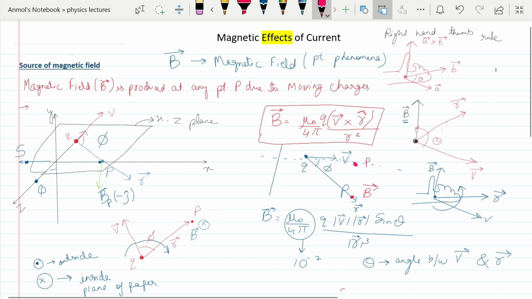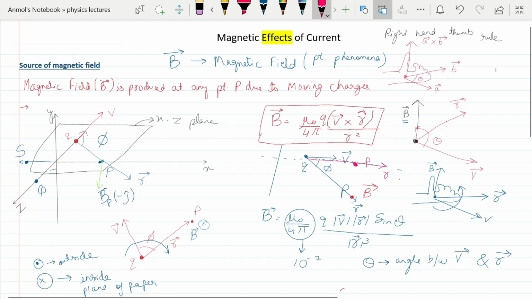Where will this R go? The head of this R should be at the point of interest. Right now, when it is going here, it makes angle phi with the velocity vector. But if it goes here, then the R vector will also be along this line.